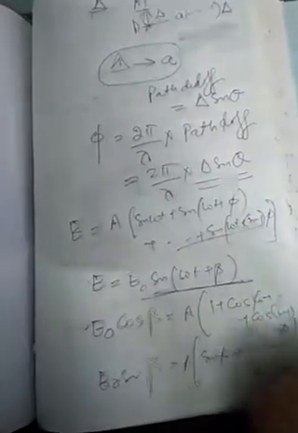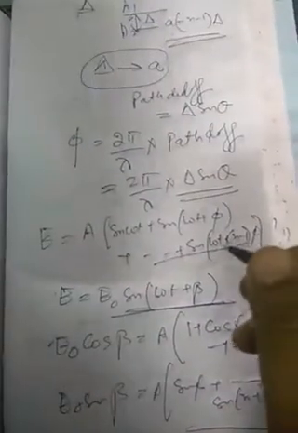Similarly, E naught sine beta is equal to a into sine phi plus so on up to sine n minus 1 into phi, because the first term is omega t, so phi starts from the second term. Multiplying equations 1 and 2 both sides by sine phi by 2, so that we can make use of a trigonometric identity, we get E naught cos beta sine phi by 2.